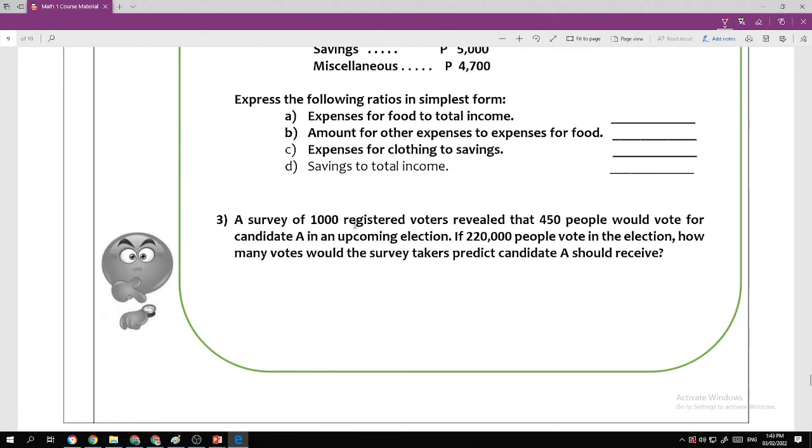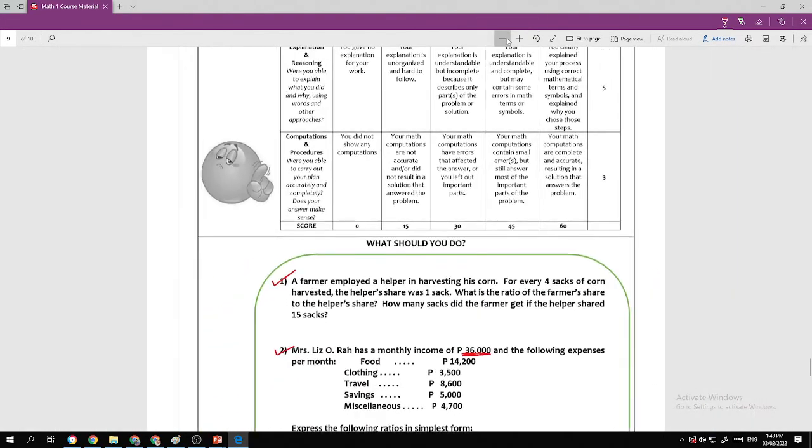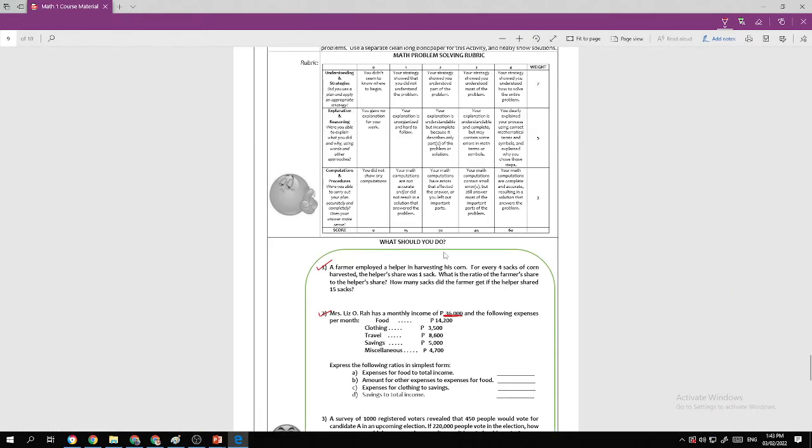A survey of 1,000 registered voters, the same concept again, as long as it is proportion. Are there any questions about the 3 tasks in CM number 5? Class, any questions about this? None so far, sir. Don't worry, because for the summative test in the finals, your coverage is only CM5. I will make my own questionnaire with only CM5 content.